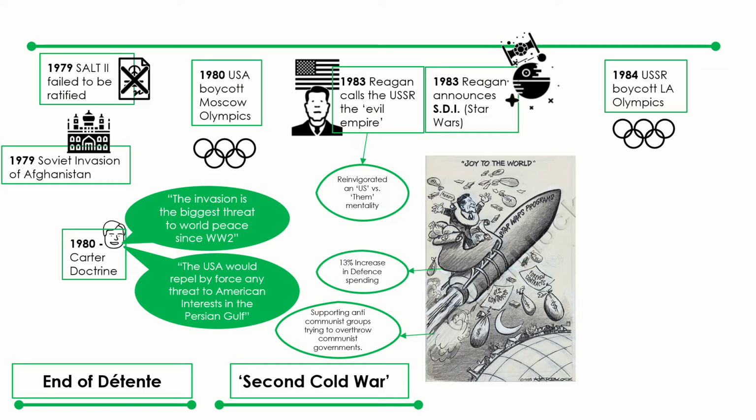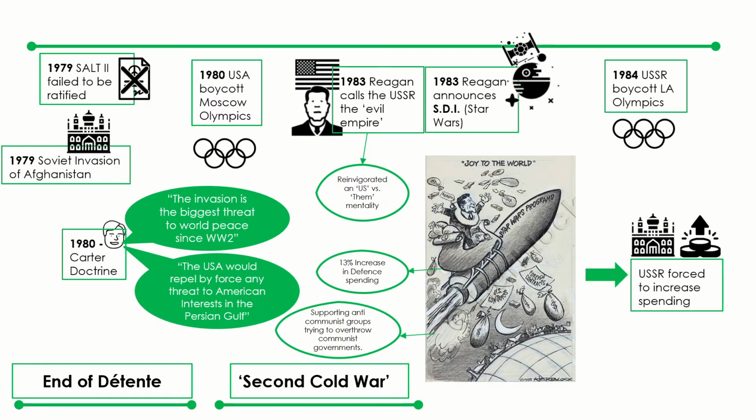The technology was definitely not available at the time, but it certainly made the USSR anxious that their expensively accumulated arsenal was soon to be made redundant. Indeed, the impact of Reagan's second Cold War policies meant that the USSR had little choice but to increase their own spending. As we will see, this will have notable consequences.